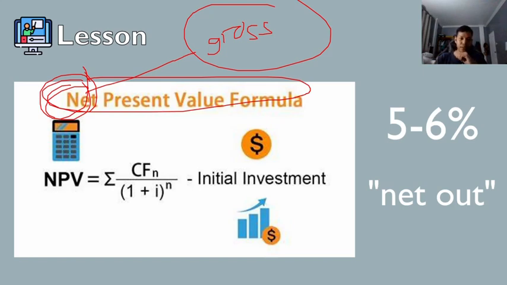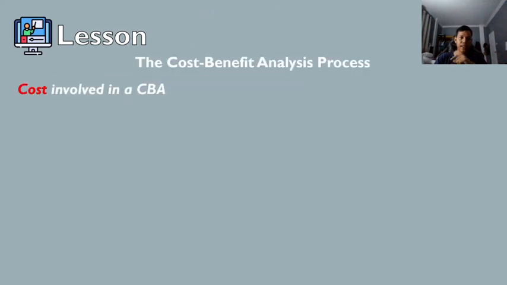So now let's proceed to the cost-benefit analysis process. Okay, we're going to focus on the process area. The cost-benefit analysis process should begin with compiling a comprehensive list of the costs and benefits associated with the project or decision.